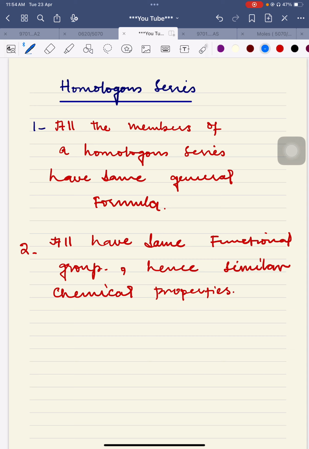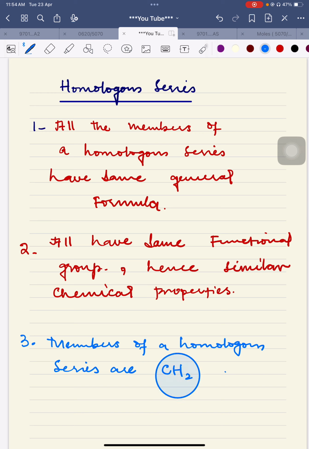Now I'm on number three. Members of a homologous series are a CH2 group difference from each other, or from one member to the next member.